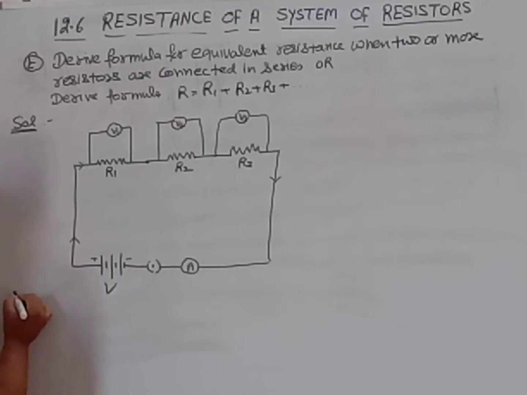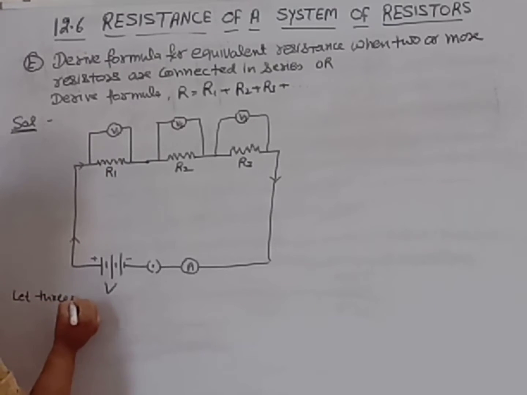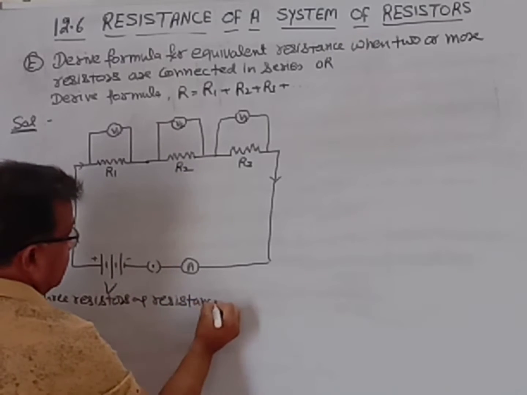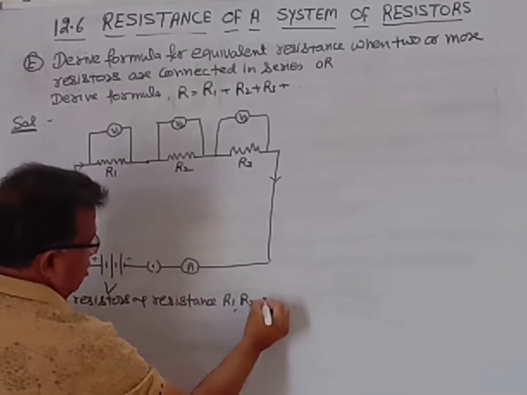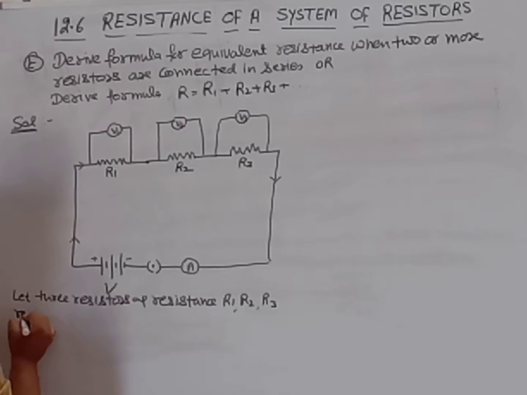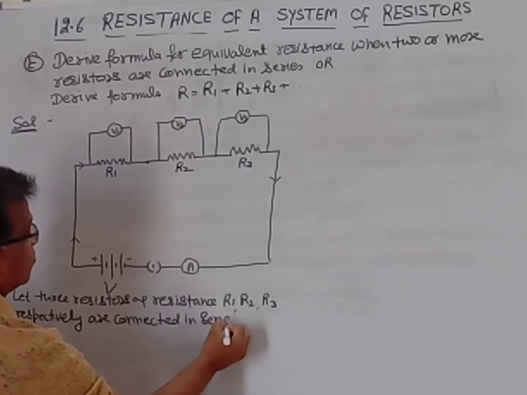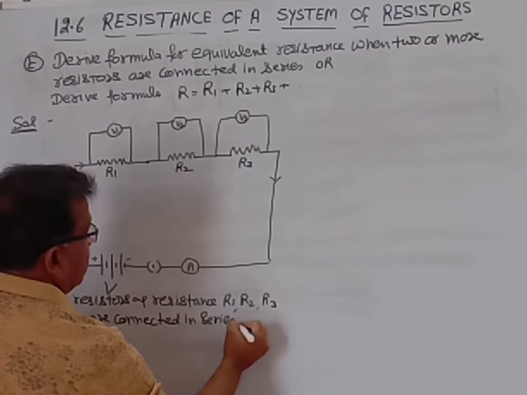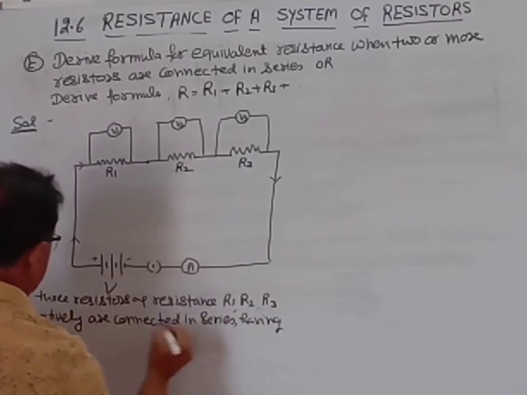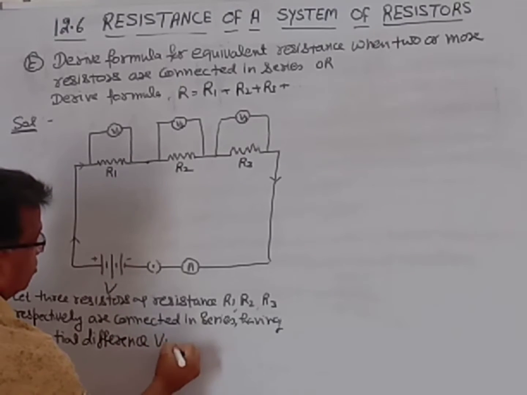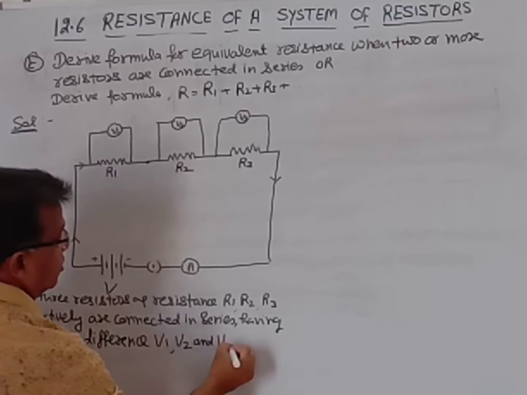So we shall write, let three resistors of resistance R1, R2, R3 respectively be connected in series, having potential differences V1, V2 and V3 respectively.